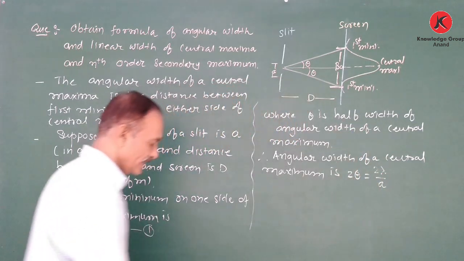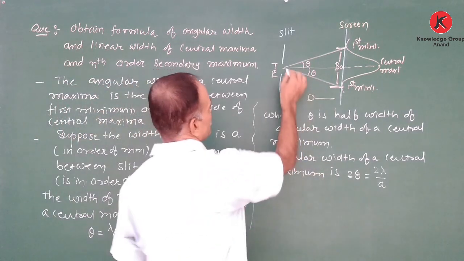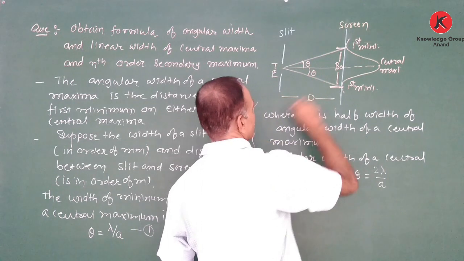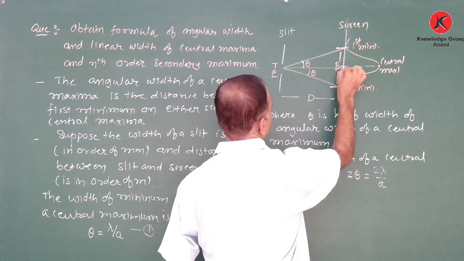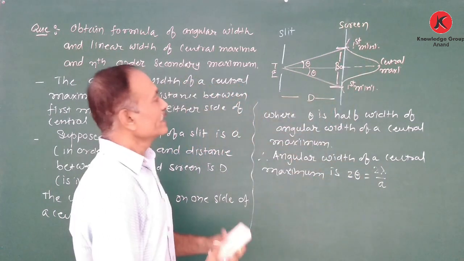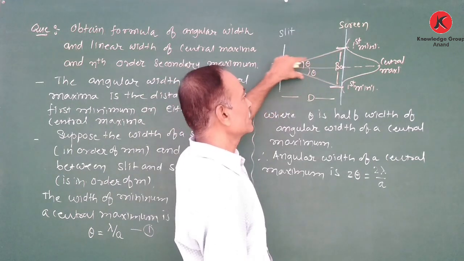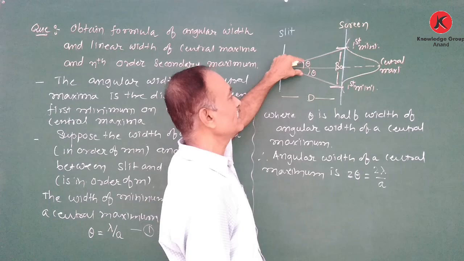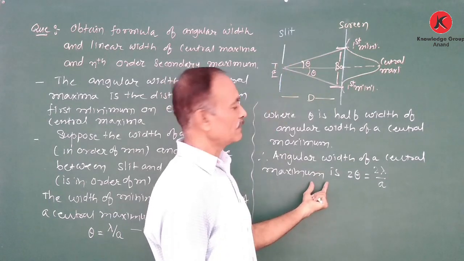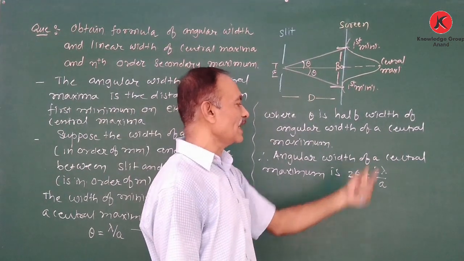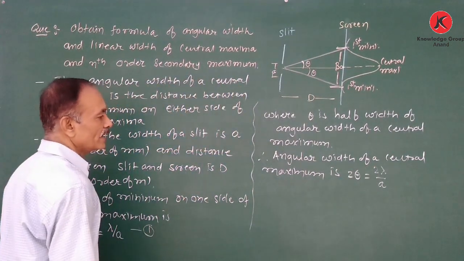Now listen, here in the figure, this distance is D, and the angle subtended is theta, that is the first order minimum, that is the central maximum. Theta is the half width of the total angular width of the central maximum. Therefore, the total angular width of the central maximum is 2 theta is equal to 2 lambda upon a.